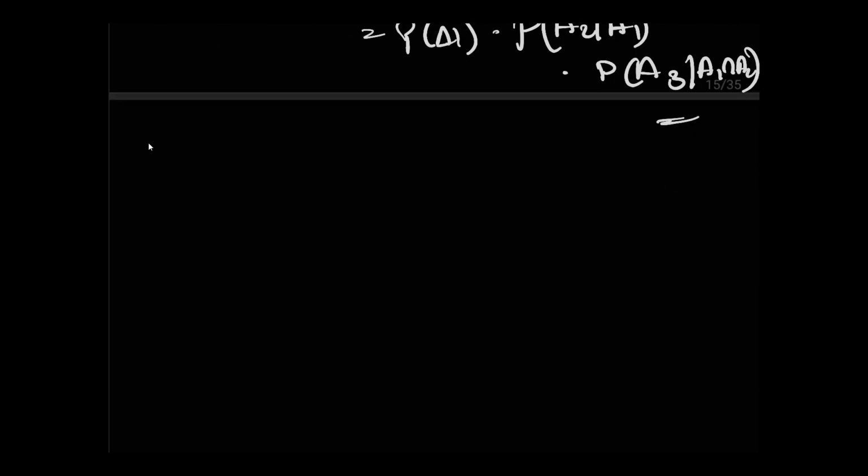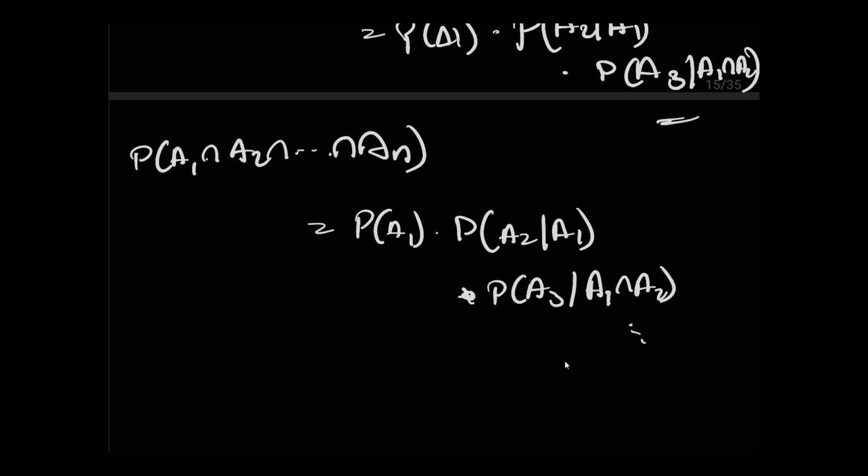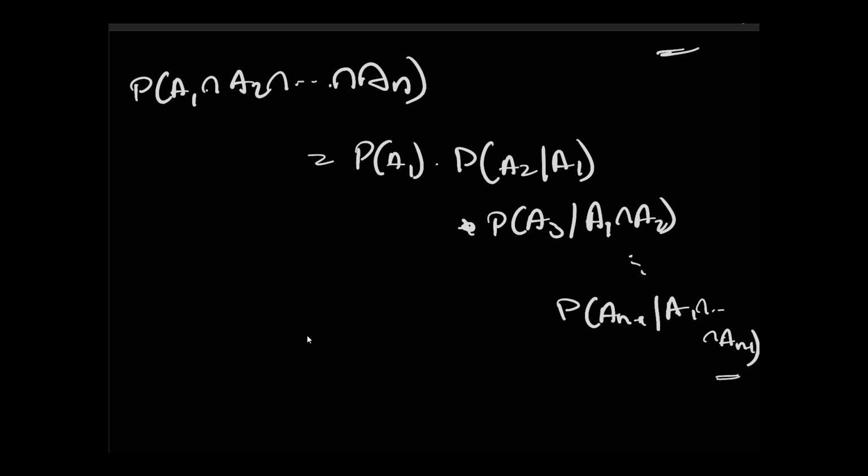For N events, probability of A1 intersection A2 intersection and so on up to intersection AN, we can write as probability of A1 into probability of A2 given A1 into probability of A3 given A1 intersection A2 into and so on up to probability of AN given A1 intersection and so on intersection AN minus 1. It is for N events.